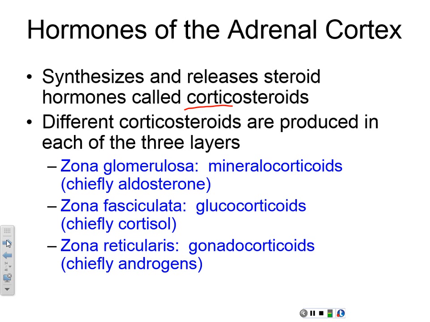Refrain from being tricked into thinking the zona glomerulosa produces glucocorticoids. No. You know what I'm saying? Because it sounds like glucocorticoids, but it's the other way around. In fact, the glomerulosa produces mineralocorticoids. And mineralocorticoids like aldosterone deal with minerals, like sodium. Sodium retention. You see what I'm saying? So the name usually tells you what that hormone is doing.